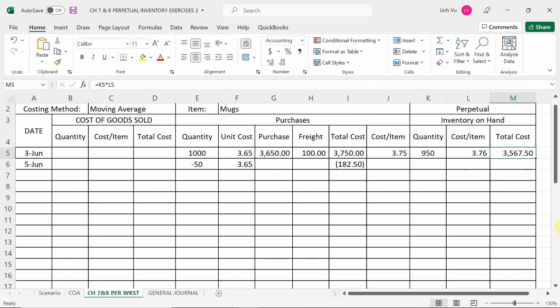So yes, you could do it that way, or you could have solved your total right here to be 3567.50, and then do the calculation of 3567.50 divided by 950, and you would get the same exact thing right here, $3.75526, and so on and so forth.